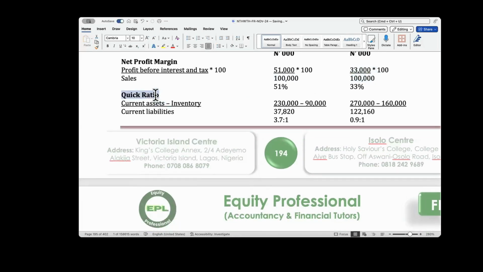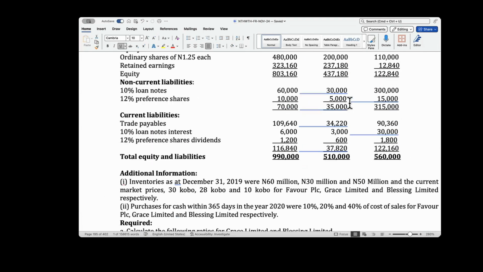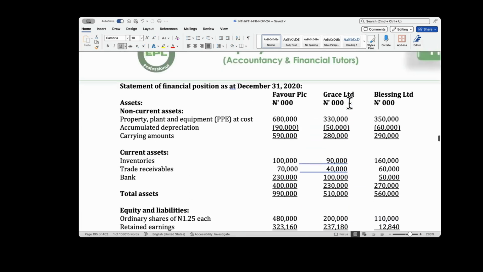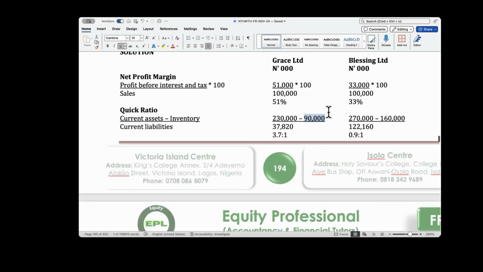Quick ratio is current asset minus inventory over current liabilities. So current assets, this is inventory. Current asset minus inventory.